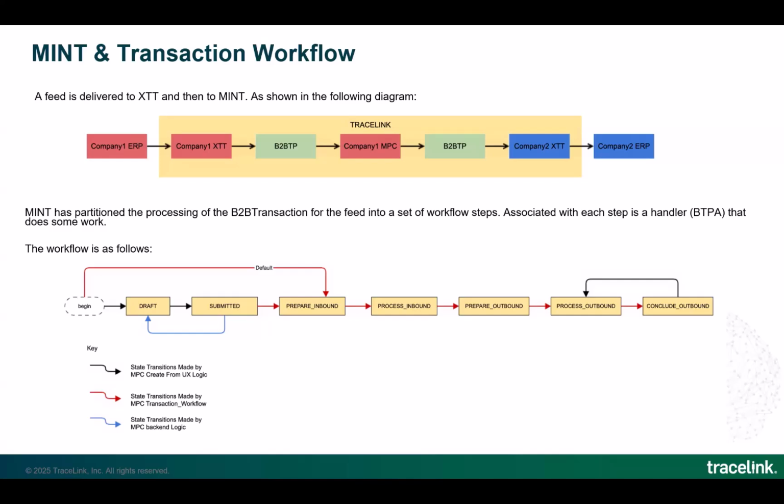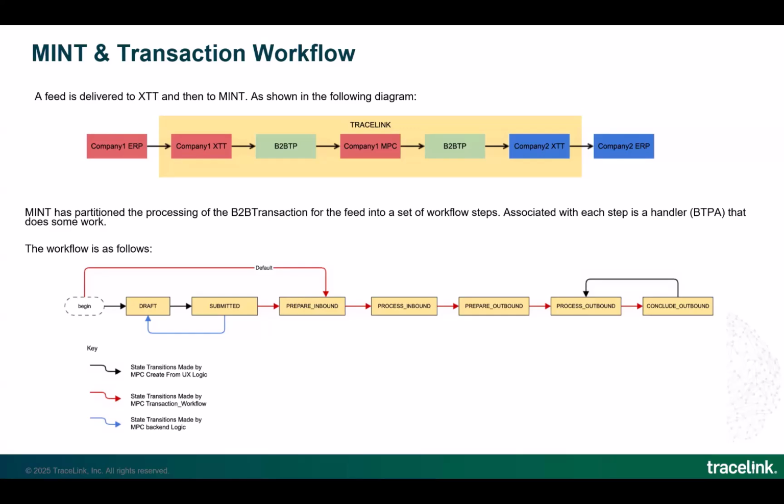So it is just saved, not yet submitted to any partner. And then from draft mode, you can click on edit the purchase order or any transaction if you need to, and then submit it so that Mint can start processing the transaction and deliver it to the partner. All the other stages will start.